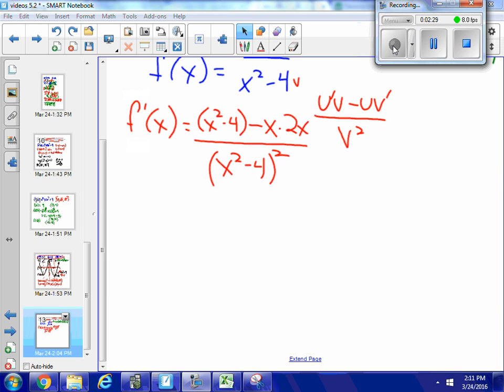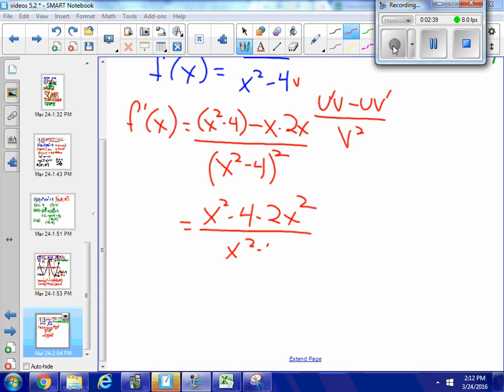Let's simplify a little bit. So I have equals x squared minus 4 minus 2x squared over x squared minus 4 squared.